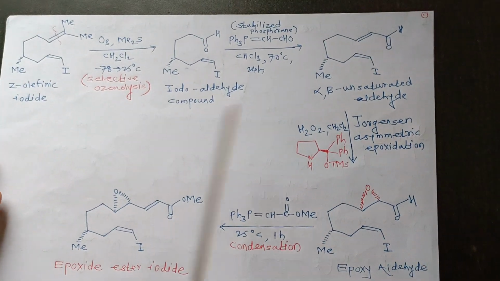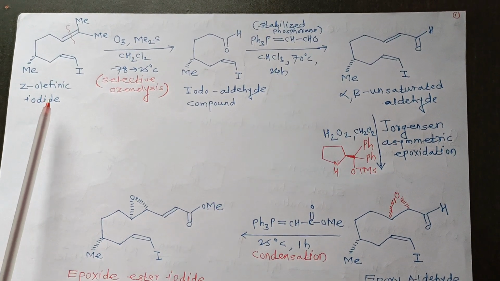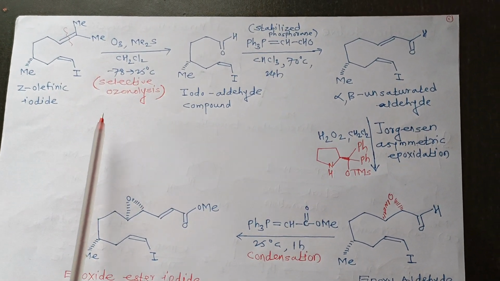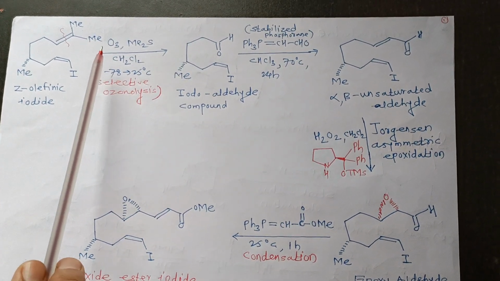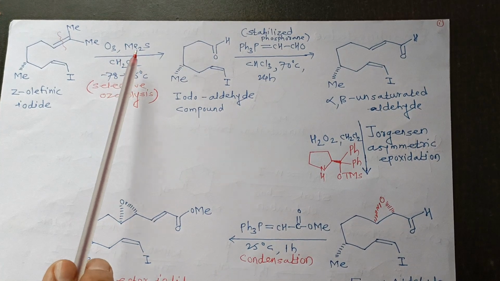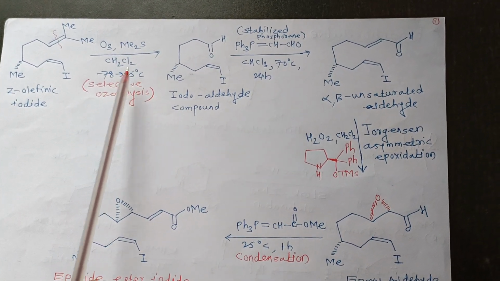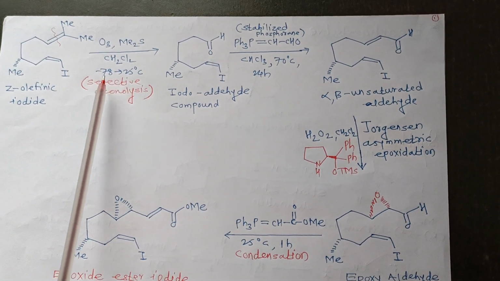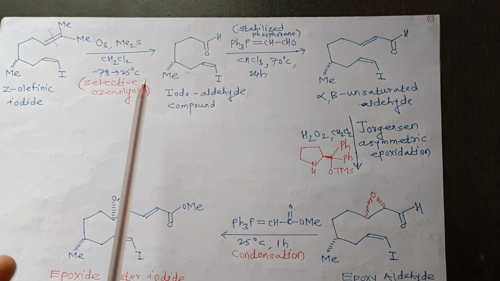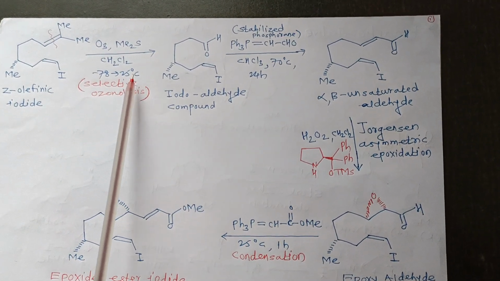In the next step, the generated Z olefinic iodide compound undergoes selective ozonolysis reaction in presence of ozone, that is O3, and dimethyl sulfide in CH2Cl2 solvent. Initially that reaction was performed at minus 78 degrees Celsius, and then the reaction was carried out at 25 degrees Celsius.